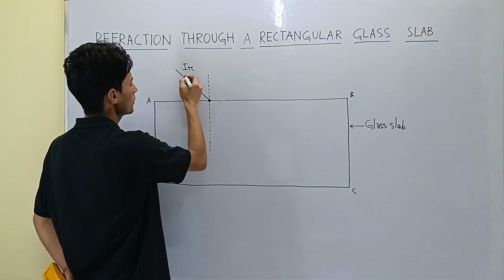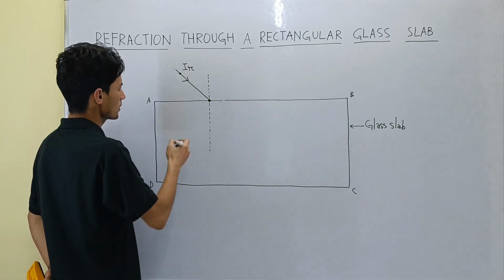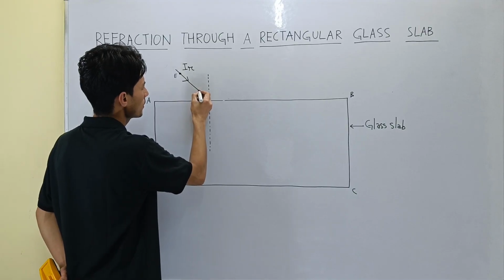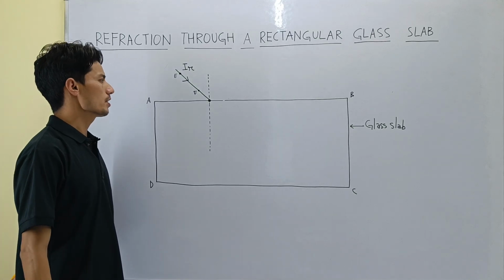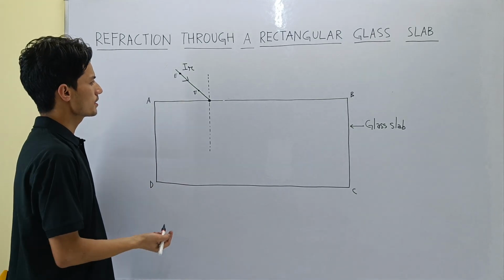We can give a name to this. A, B, C, D has already been used, so this can be E and this can be F. So the incident ray has the name EF. If you are going to do a write-up, you will write: let EF be the incident ray.